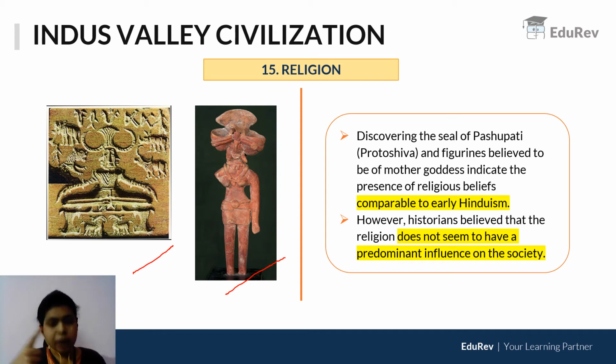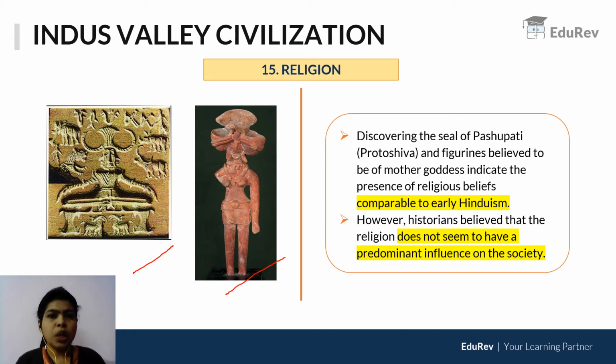Because of the worship of Pashupati and the Mother Goddess, this might have got extended in the future also. That is why we have the worship of female goddesses later on in the religion of Hinduism.